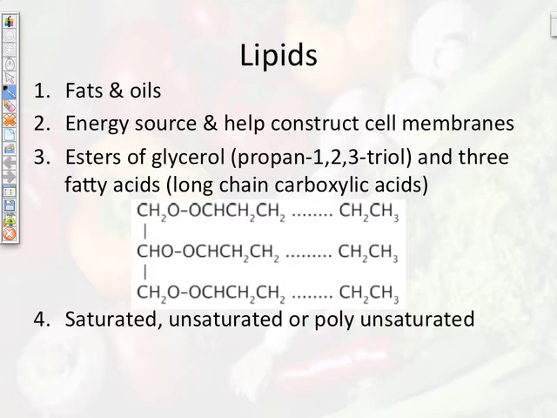Unsaturated and polyunsaturated mean we either have one or multiple double bonds. Those are often from fish and plants, and they are liquid at room temperature. So olive oil, vegetable oil.